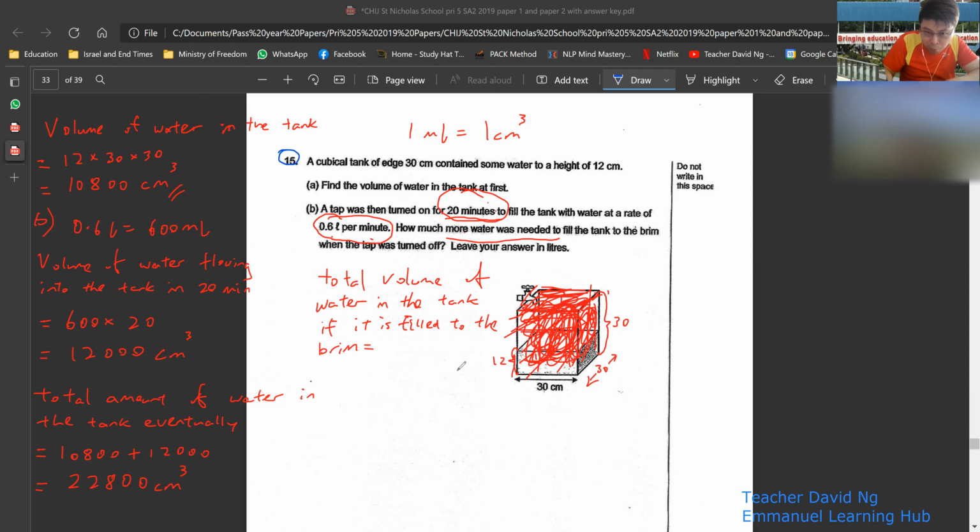What do you think is the volume of the liquid inside this cube when it's filled to the brim? Can you tell me the way to calculate? Because I want to test. Okay, 22800 plus 10800. No, it's not correct.